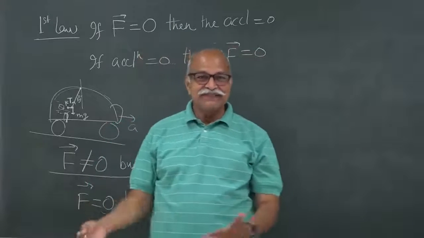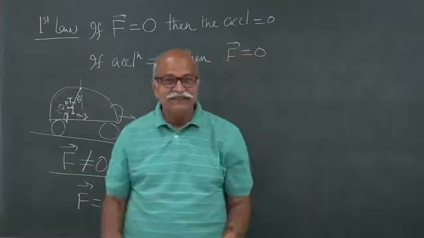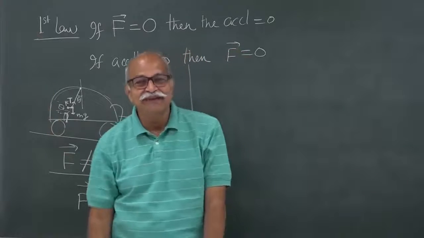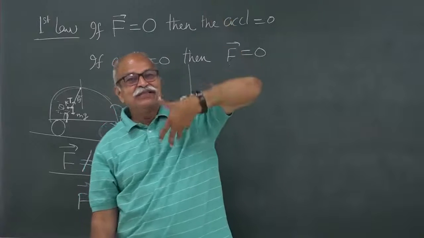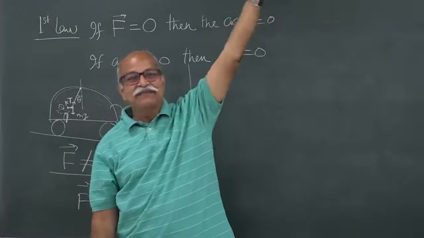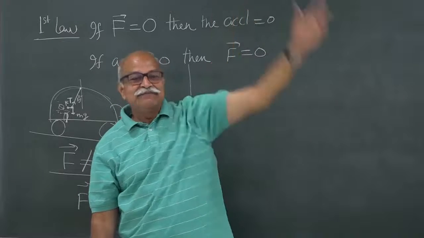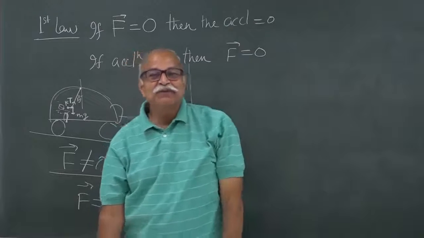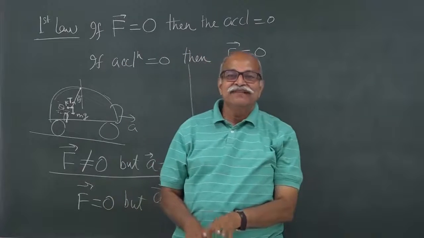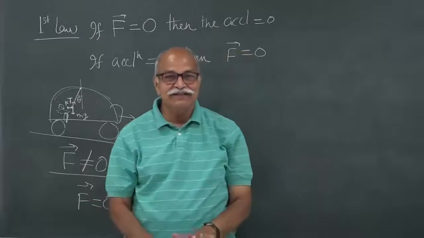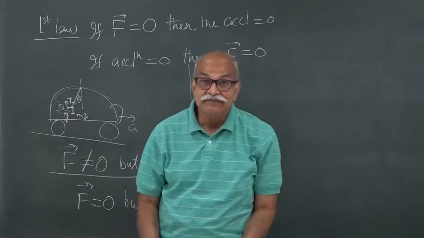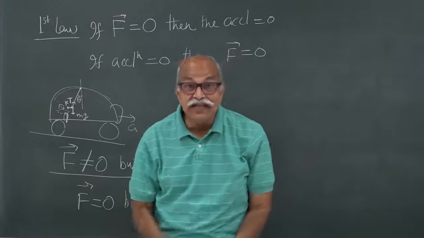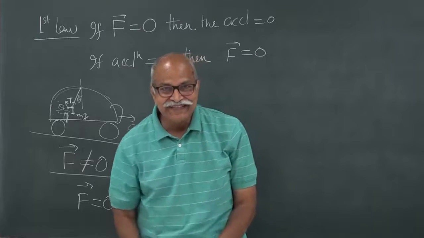Whatever we do, our activities are generally on the earth, because although technology is advancing very fast and we are going in spacecrafts to other places, the moon and Mars, most of the time we are on the earth, and therefore a very suitable frame of reference is earth, and that is not inertial.